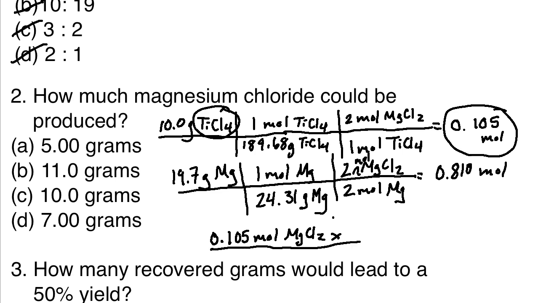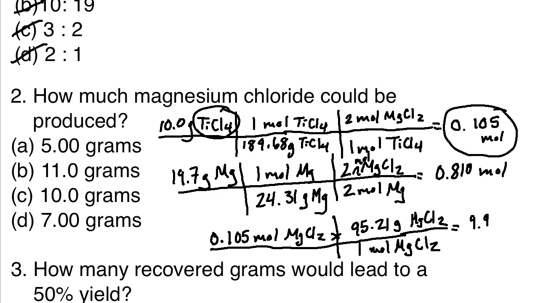I can do that as my table here, because I usually set them up as tables. And what I find is that for every 1 mole of magnesium chloride, the molar mass is 95.21 grams of magnesium chloride. So if I solve for that, that would be my theoretical yield, and it comes out as 9.997.